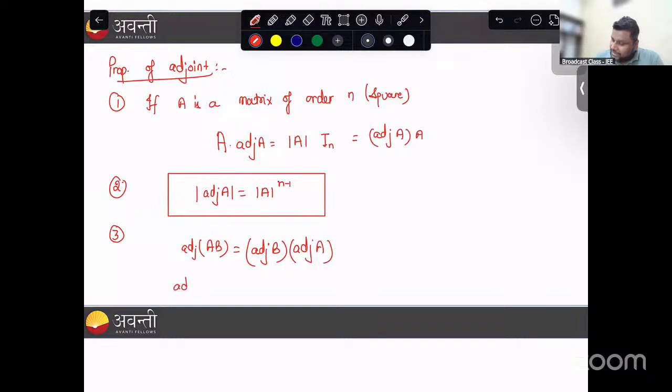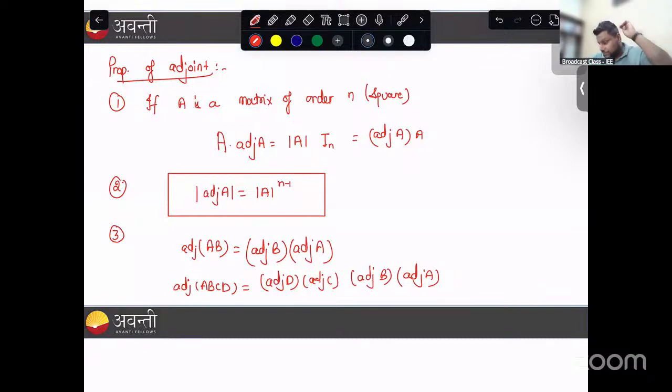And this can be generalized also. Say you have 4 matrices, adjoint of A, B, C, D is adjoint D, adjoint C, adjoint B, adjoint A. Correct?